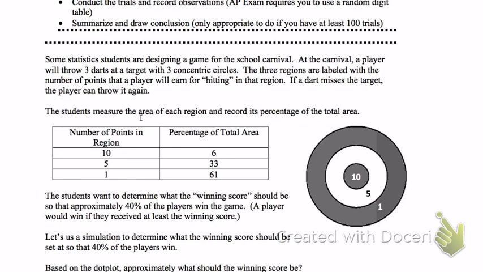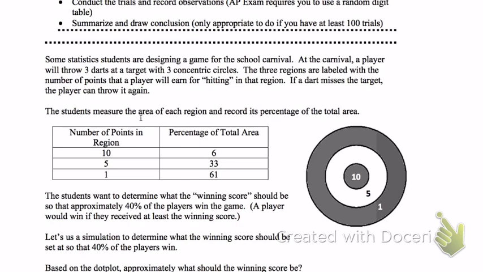So here we have our dart board. In the middle, you get 10 points. Middle circle is 5 points. Outside circle is 1 point. It also gives you the percentage of the total area. So for instance, you have a 6% chance of getting 10 points, a 33% chance of getting 5 points and 61% chance of getting 1 point.